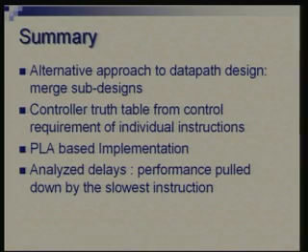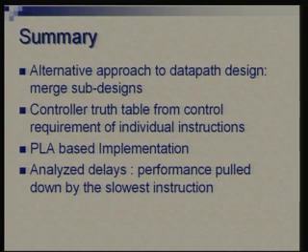I'll close by summarizing what we have discussed today. We first started with a different approach to arrive at the same data path design, which was to have several simpler designs and merge them together, resolving conflicts by putting multiplexers wherever necessary. Then we examined the control requirements of various instructions, identified the values of control signals which need to be applied, tabulated them, and came up with the control part specification as truth tables.